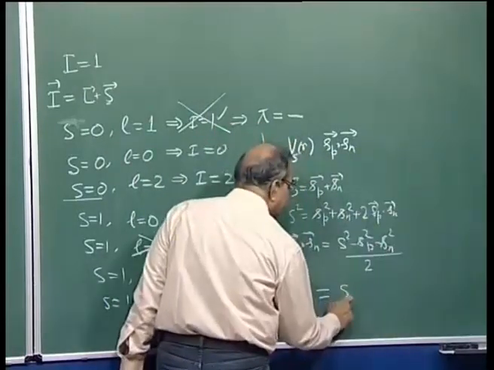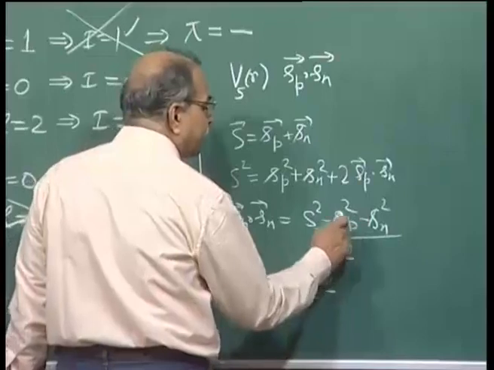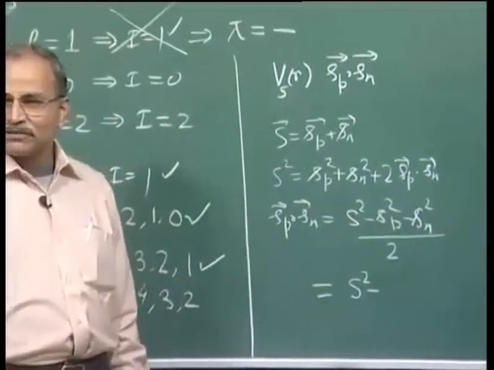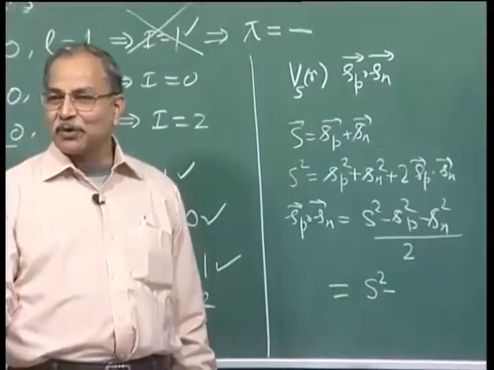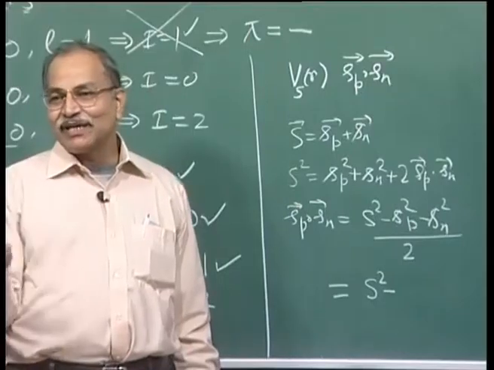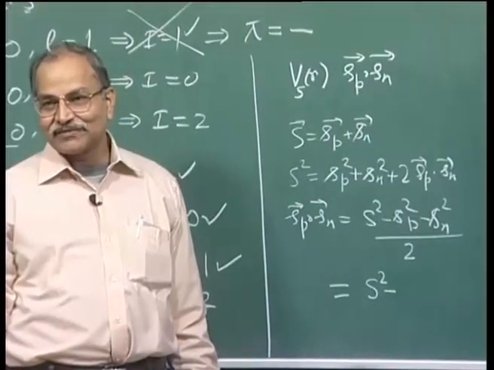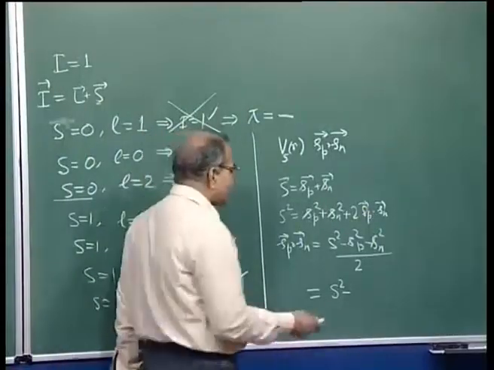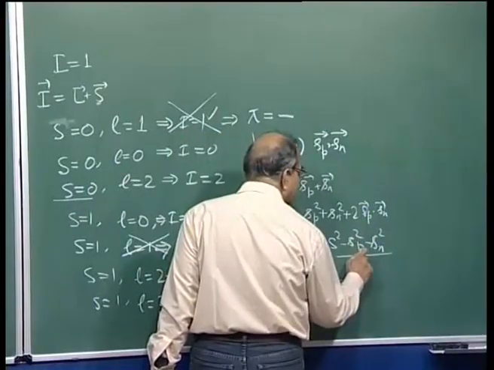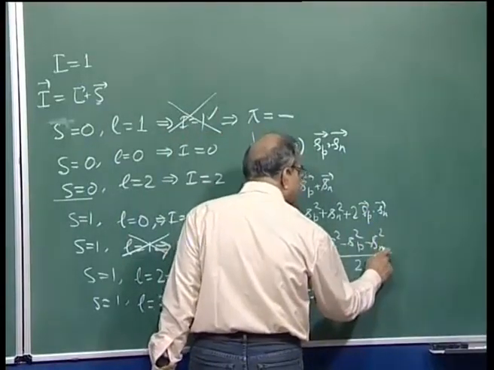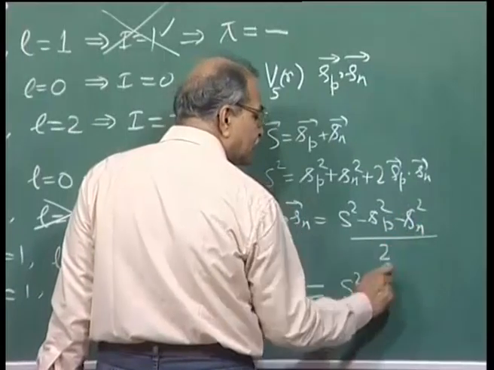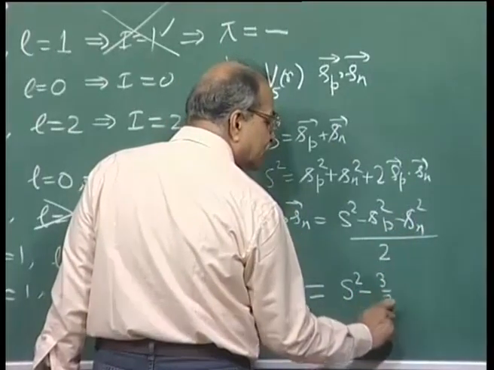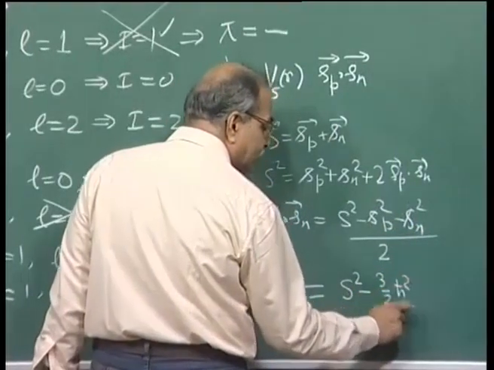For a single proton, Sp square is always half into half plus 1 h cross square, that is 3 by 4 h cross square. So, this is 3 by 4 h cross square, and this is 3 by 4 h cross square for the neutron. So, this is minus 3 by 2 h cross square, over 2.